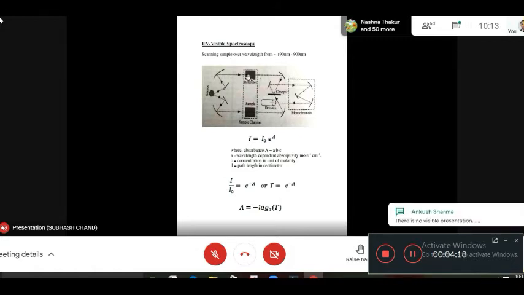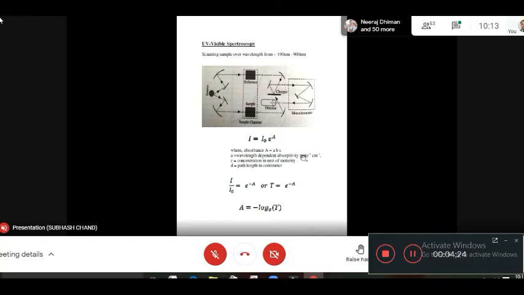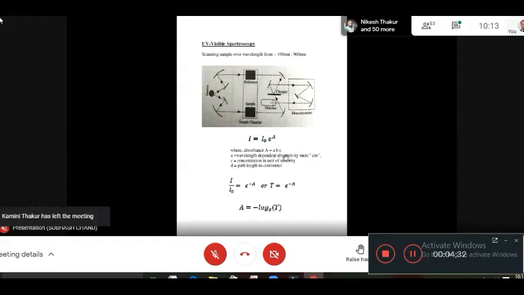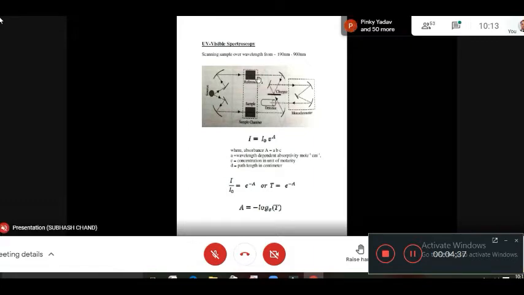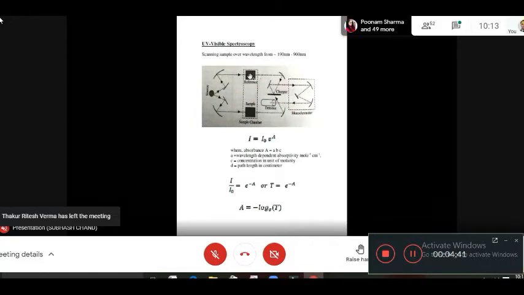That is the property of the atoms and molecules of the medium, and that property is the wavelength dependent absorptivity. It is called small a, the wavelength dependent absorptivity per mole per centimeter. And C is the concentration of such atoms, molecule absorbing species.